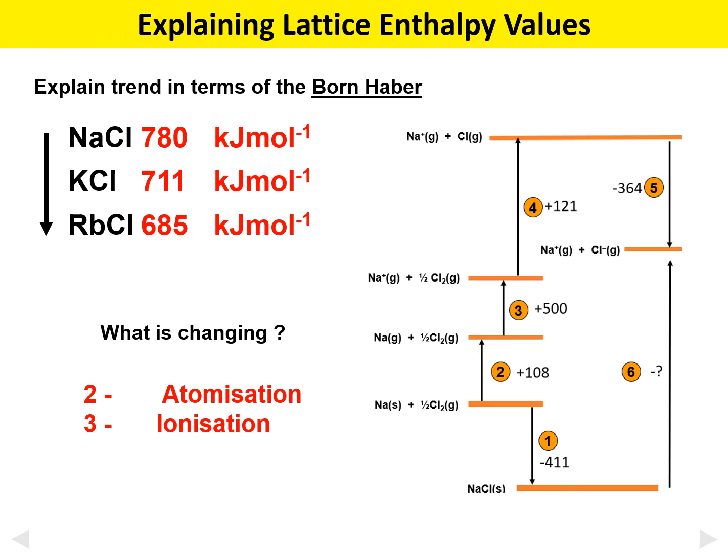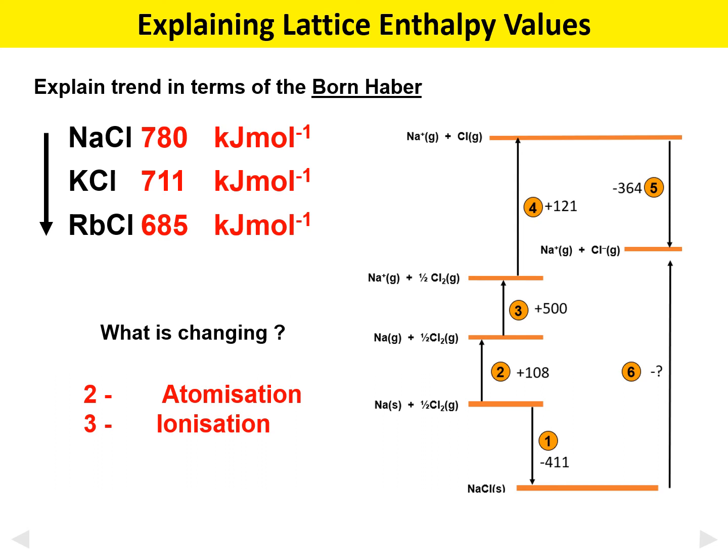Sometimes we are asked to explain the trend in lattice enthalpy values in terms of the Born-Haber cycle. If we have a look at this example where the only change is the metal ion changing from sodium to potassium to rubidium, you can see that the lattice enthalpy values become less exothermic.